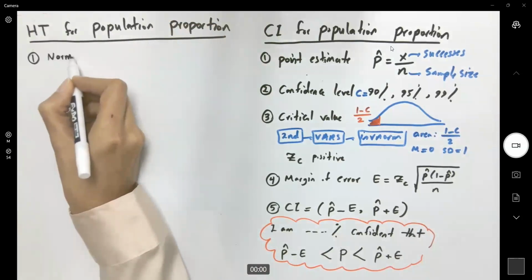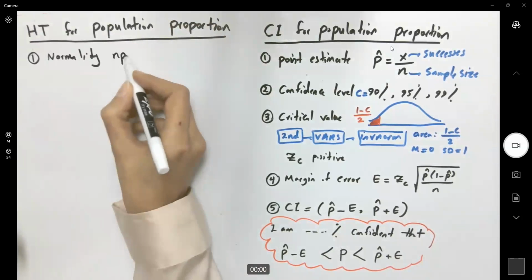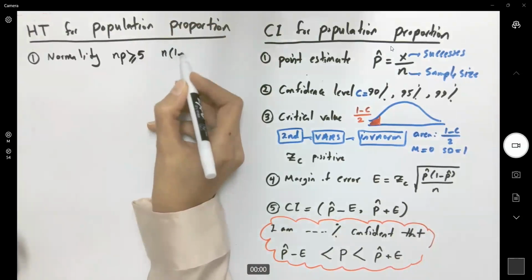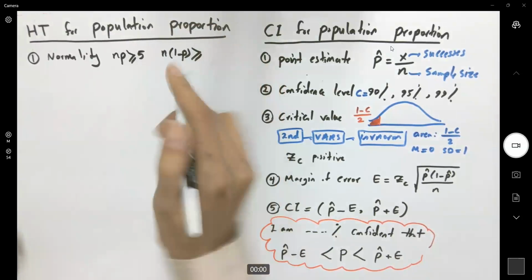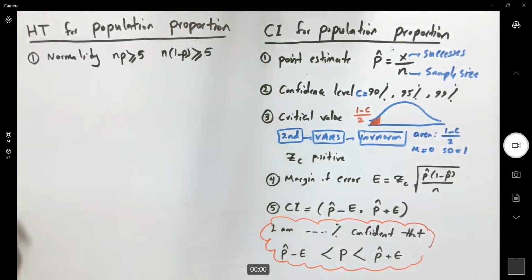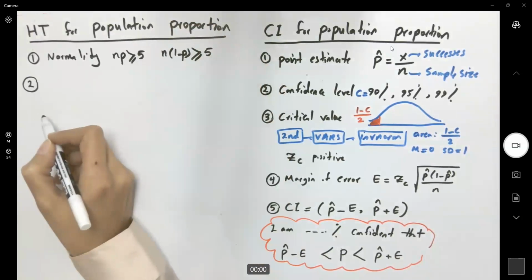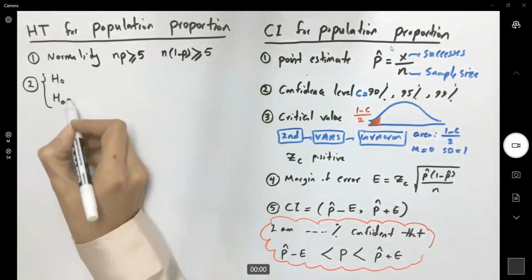Normality is n times p must be larger than or equal to 5, and n times (1 minus p) must be larger than or equal to 5. In the second step, you're going to build your null and alternative hypothesis.